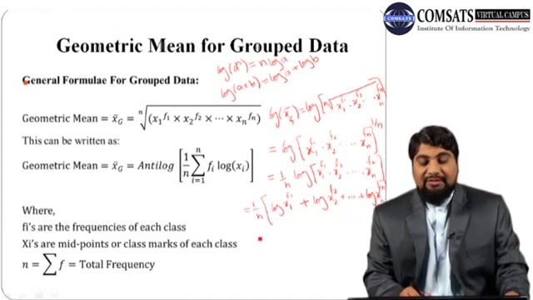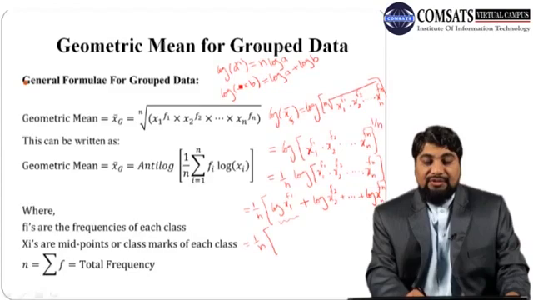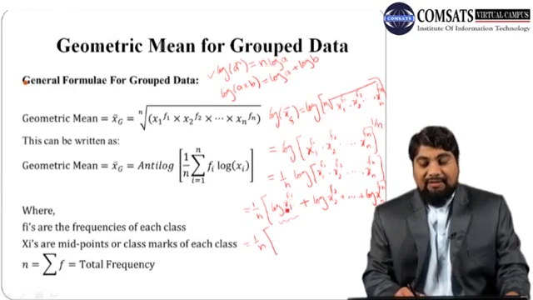So once we have this expression, so in next step write this 1 over n as it is. Now here look at this first term. So here we again have to use this first rule. Log of a power n is equal to n log a. So here we have log x1 power f1, so it will be f1 at start, and then log x1.